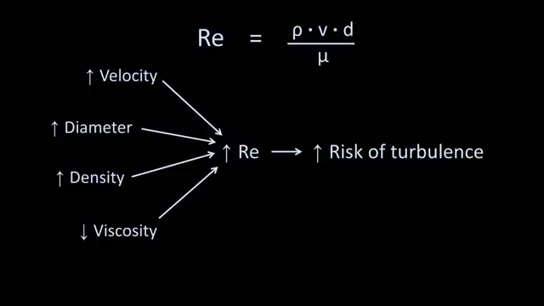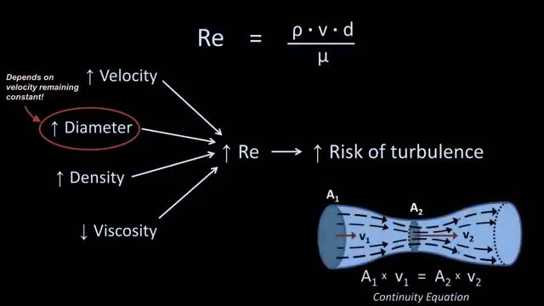When it comes to successfully applying the concept of Reynolds number to medicine, one important point is realizing the increased Reynolds number from an increase in the diameter of a tube depends upon the velocity remaining constant. However, when dealing with a tube of varying diameter along its length, such as a blood vessel, this does not hold true. You may remember the continuity equation from lesson 6.